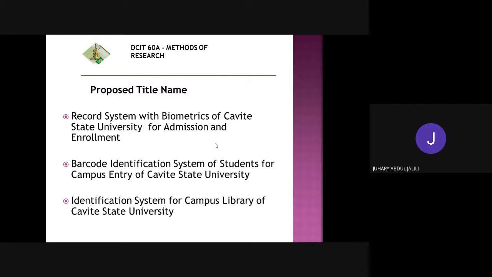So with this kind of system, you are only going to fill up that information when you are a new student, a freshman that will be admitted in the campus. With that said, after enrolling and after admitting, your information will be reused every year, first year, second year, third year, up to fourth year, without any hassle with re-enrollment.